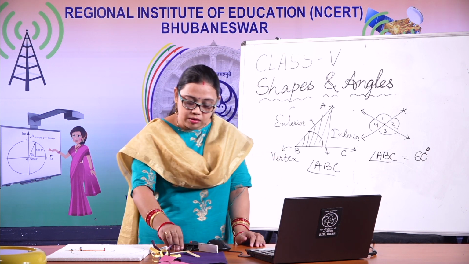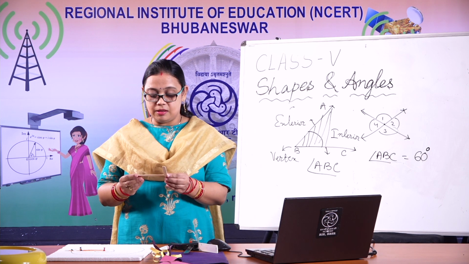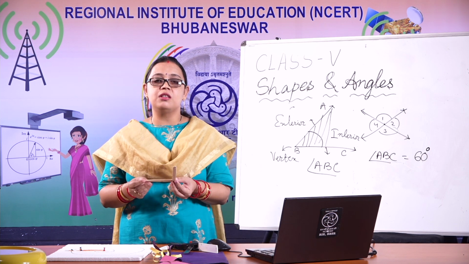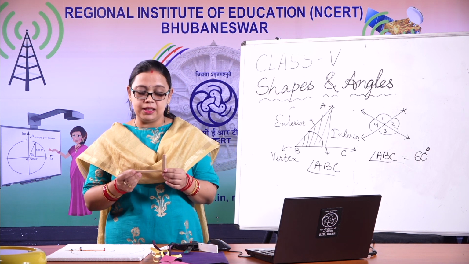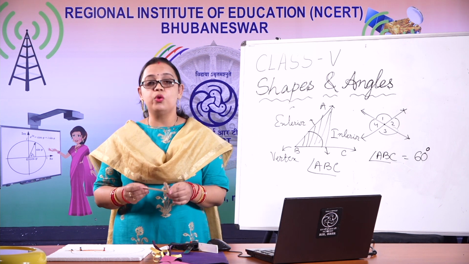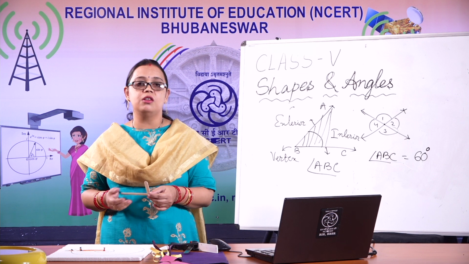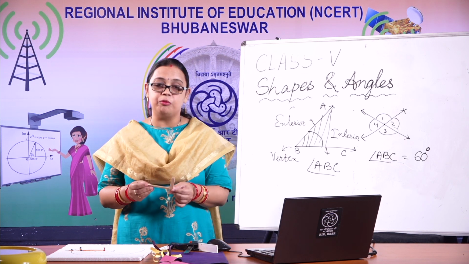angles. Now children, I have made this device to measure angles. Actually in your instrument box there is an instrument called protractor which can measure angles, that we will discuss in second part. So today I have not brought that knowingly, so that I will cover that in second part.